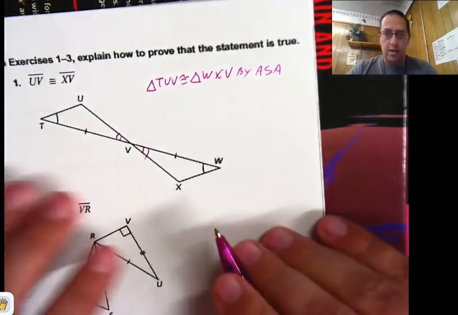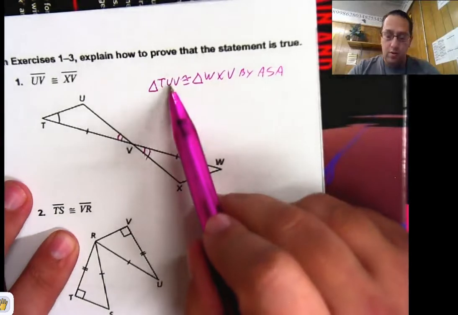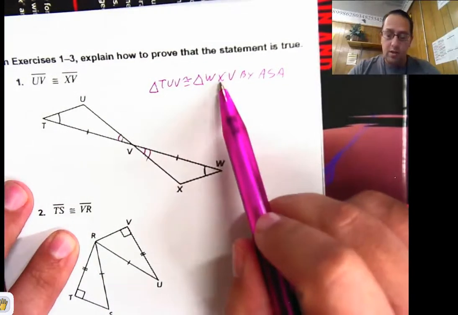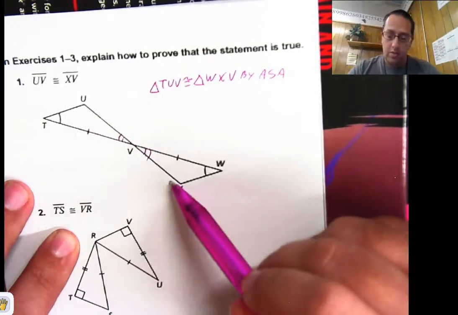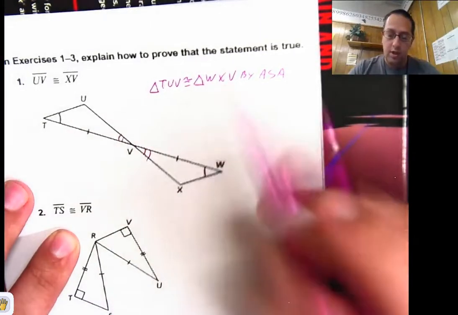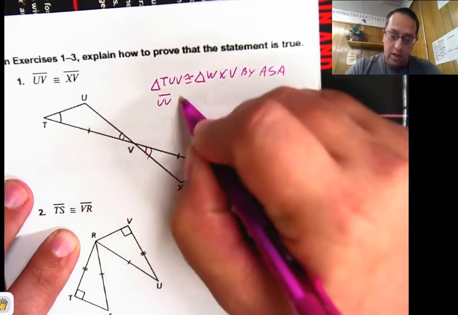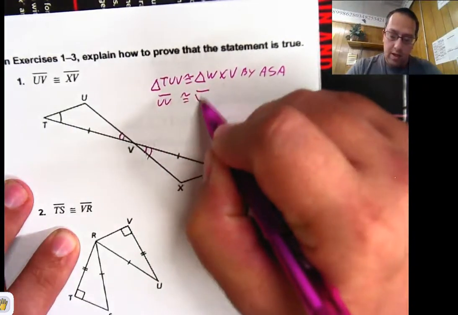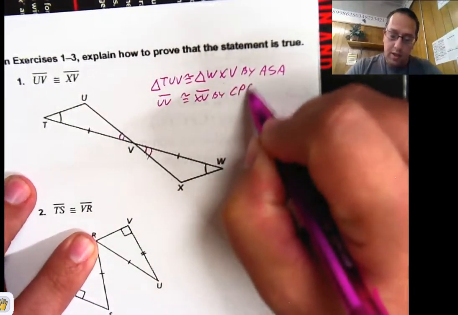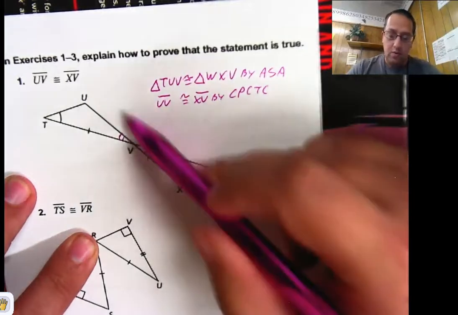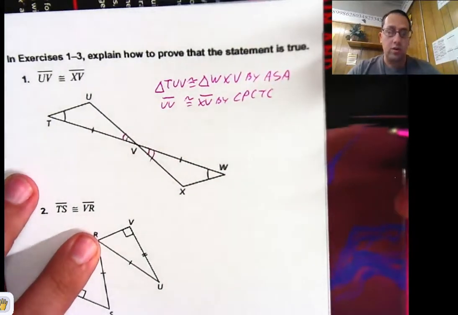Alright, so by ASA. And so if those two triangles are congruent, then we can conclude that segment UV is congruent to segment XV. Alright, UV is congruent to XV because these are in the corresponding positions. So segment UV is congruent to segment XV by CPCTC because the corresponding parts of these two congruent triangles are congruent to each other.